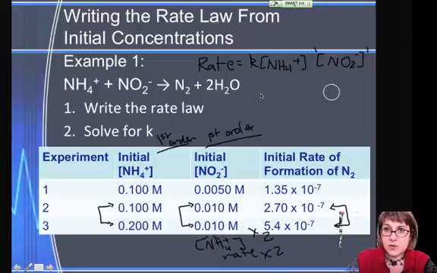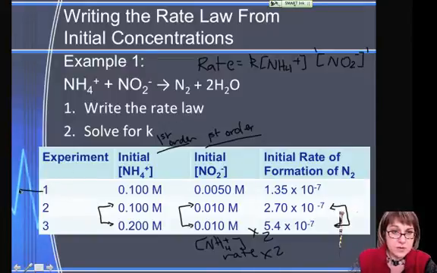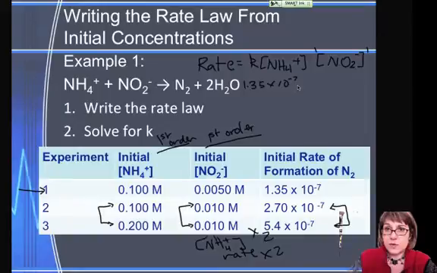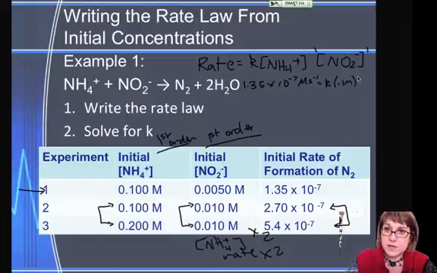Well, we're just going to put some values into this equation, and we might as well start with experiment 1, right? So let's take experiment 1 and plug in the rate was 1.35 times 10 to the minus 7 moles per second, or molar per second, and that's equal to k times the concentration of ammonium, so 0.1 molar, times the concentration of nitrate, 0.005 molar, and we're going to solve for k.